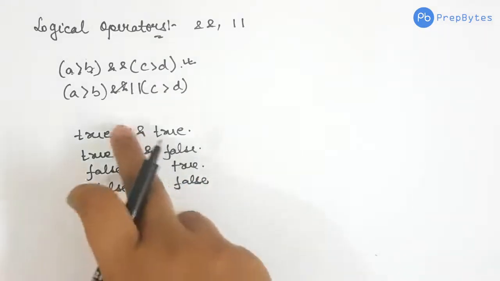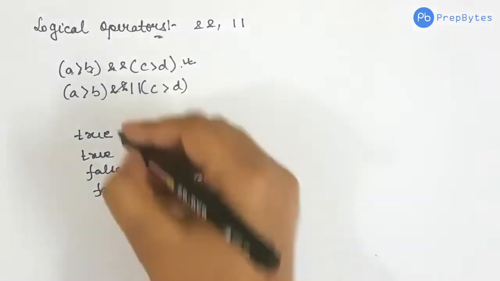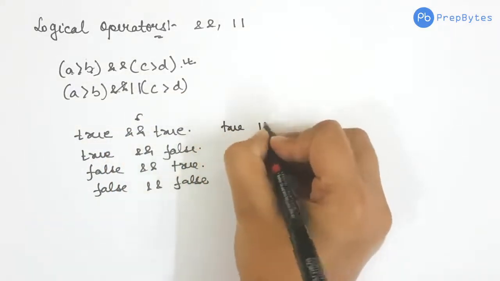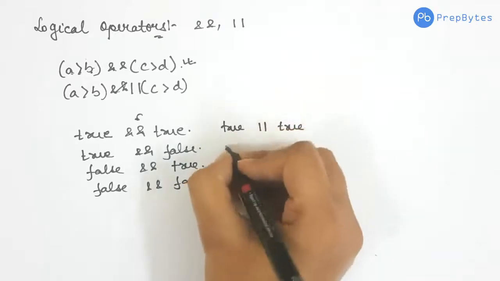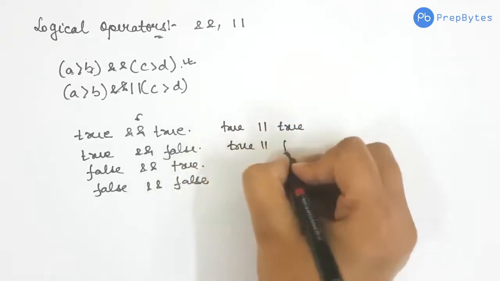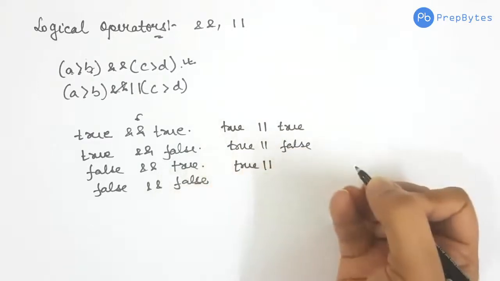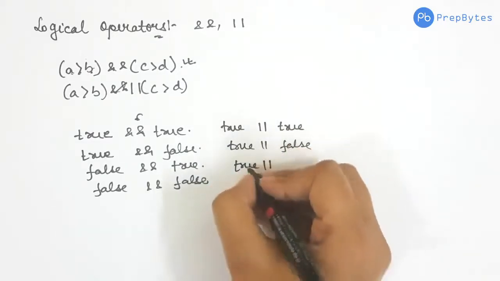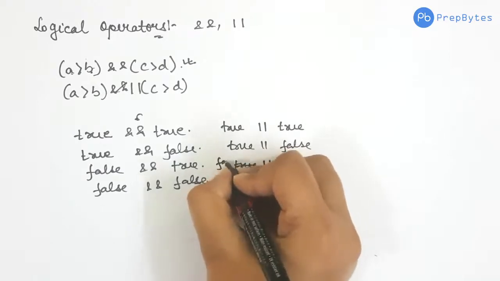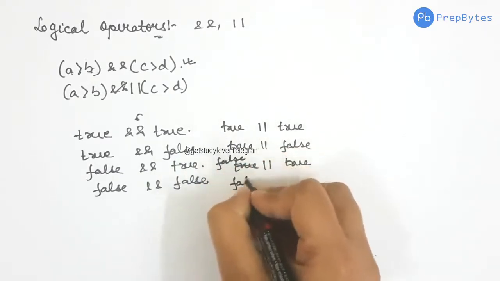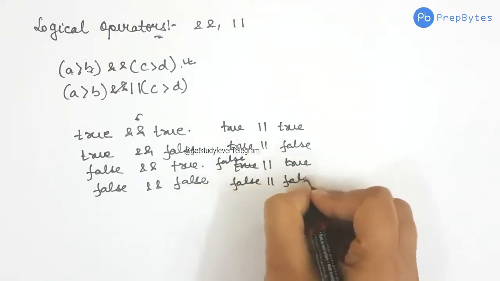We will have a similar set of scenarios in case of OR. It's just that the operator will change. So we can have true or true, true or false, false or true, or false or false.